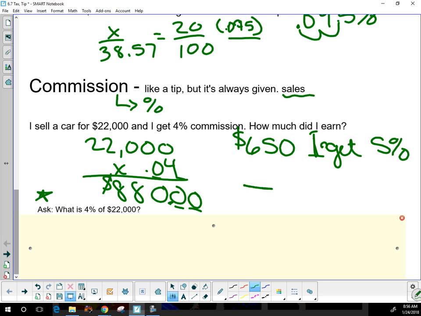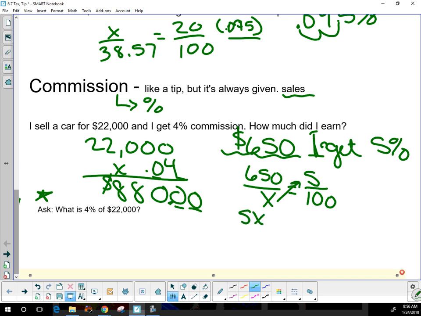So here we go. This is how you read this. $650 is 5% of what? There you go. You can figure out how much that vehicle was that I sold by using your means and extremes.